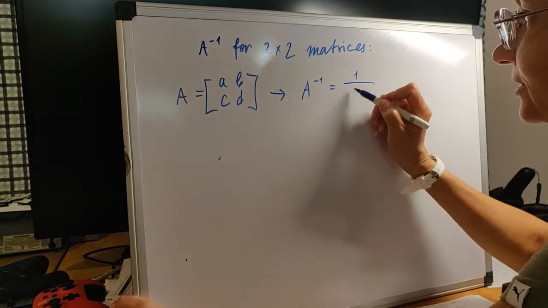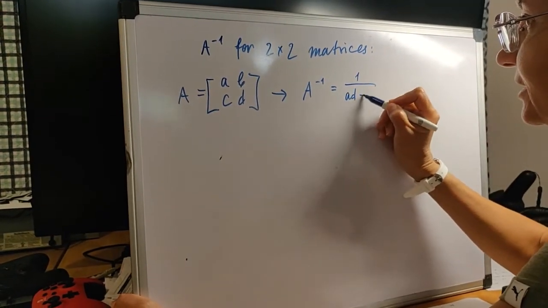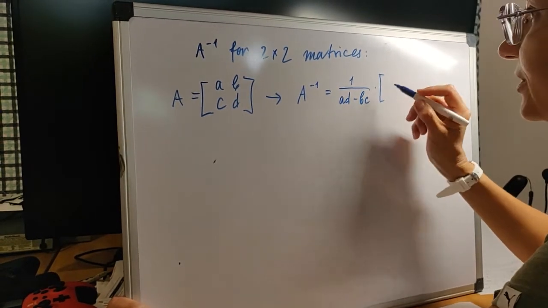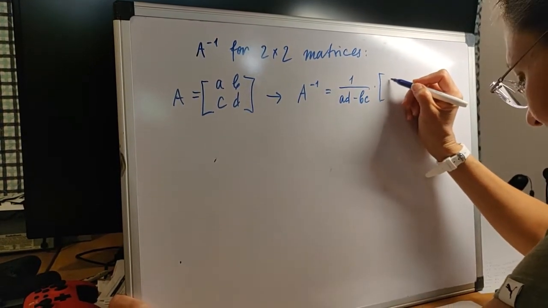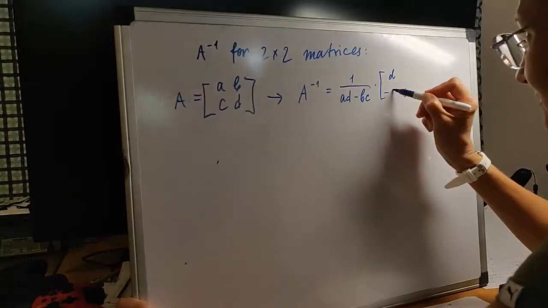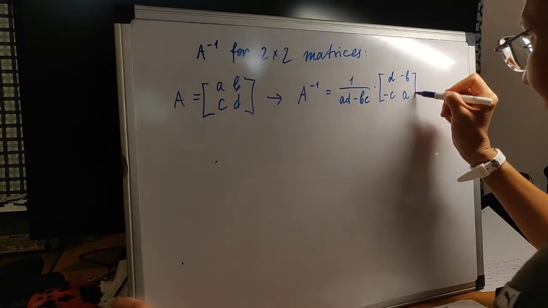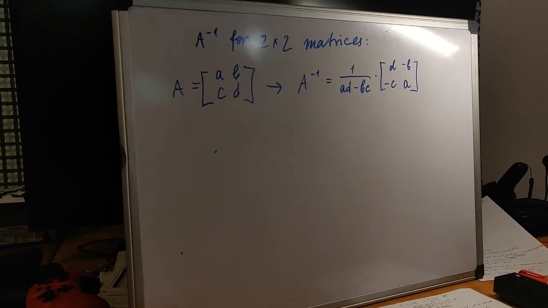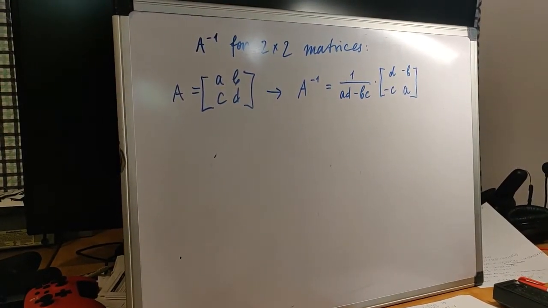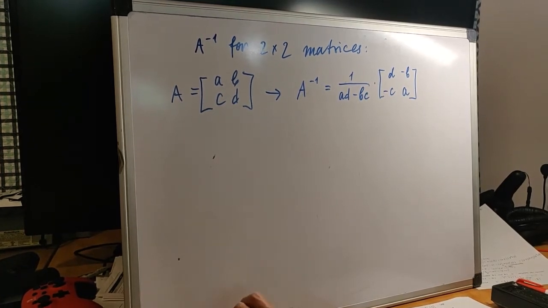In the denominator, we are going to have AD minus BC. And the matrix is going to be D and A switched, and C and B are going to have a negative sign. Well, very weird rule. You probably think, okay, why is it this way? We're going to check it, and you're going to see that it actually works.